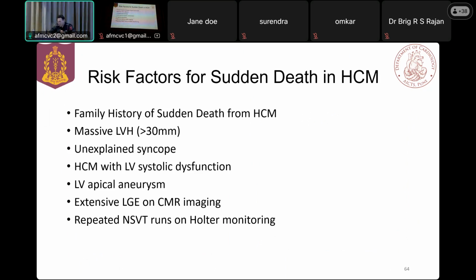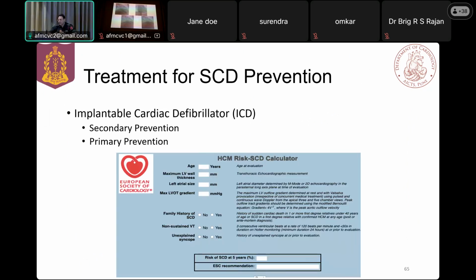So all these are risk factors. There is an online calculator available, just to risk stratify. Accordingly we can plan for primary prevention, where we can use an ICD, and secondary prevention, when the patient is having ventricular tachycardia, then we put an ICD.